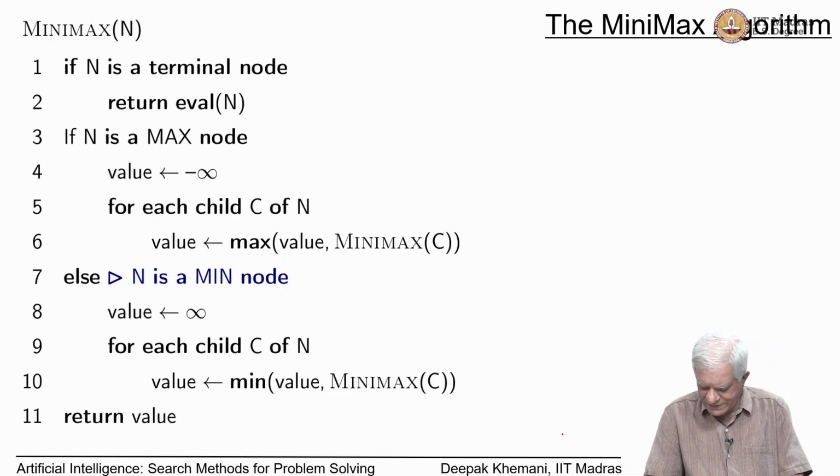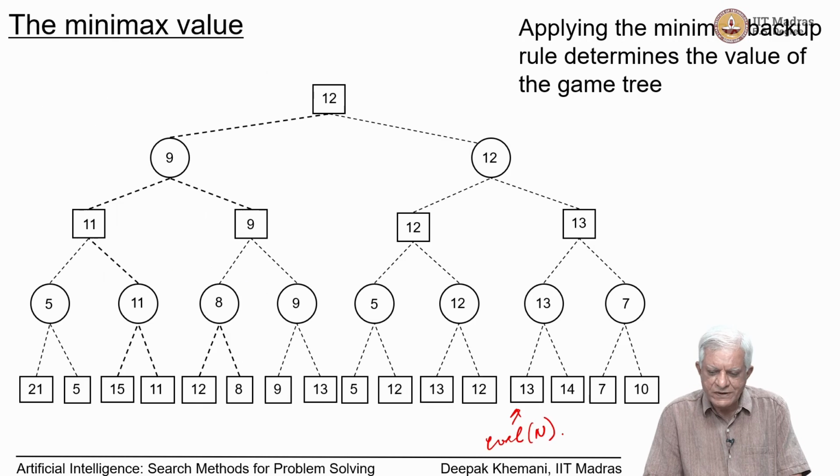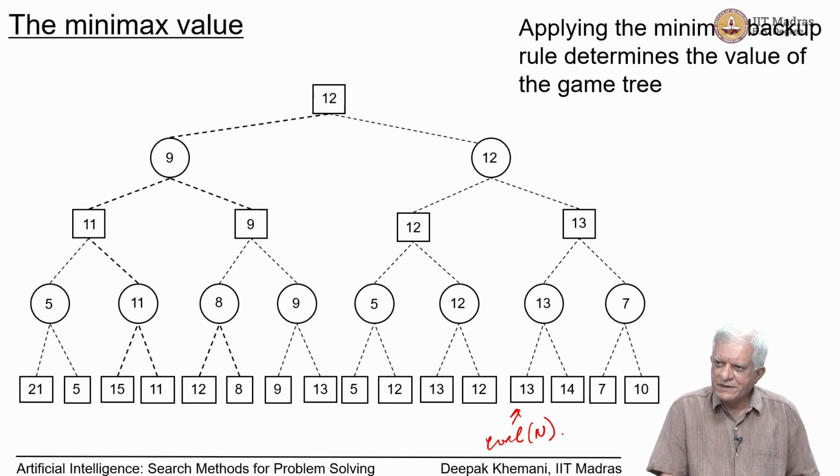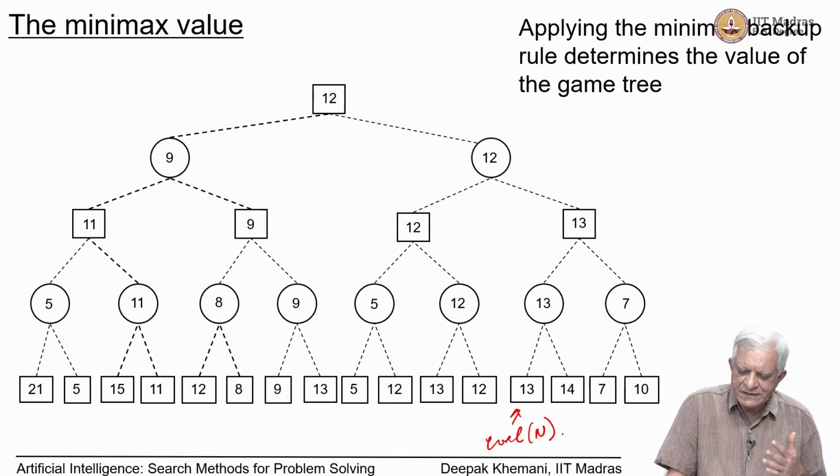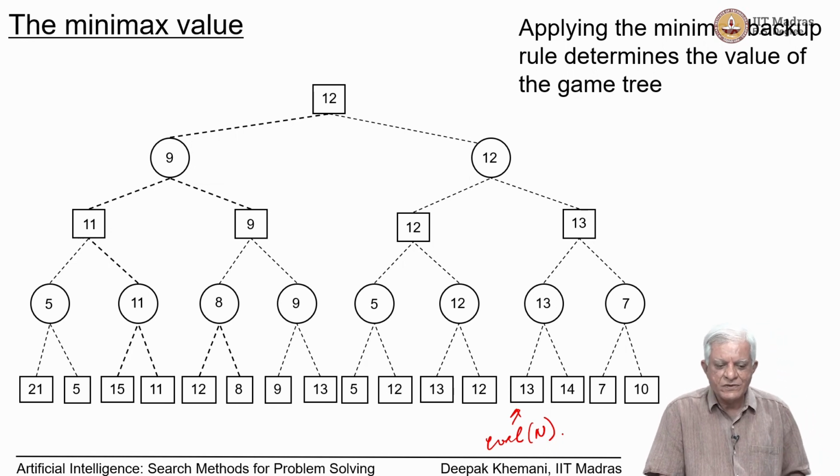So, we will come back to this algorithms for doing this search in a moment, and we will see the algorithms that we employ here. So, what are the algorithms we are talking about? That you do K-ply search. So, what we are going to focus on now is how to do that K-ply search. So, we will do that in a moment.